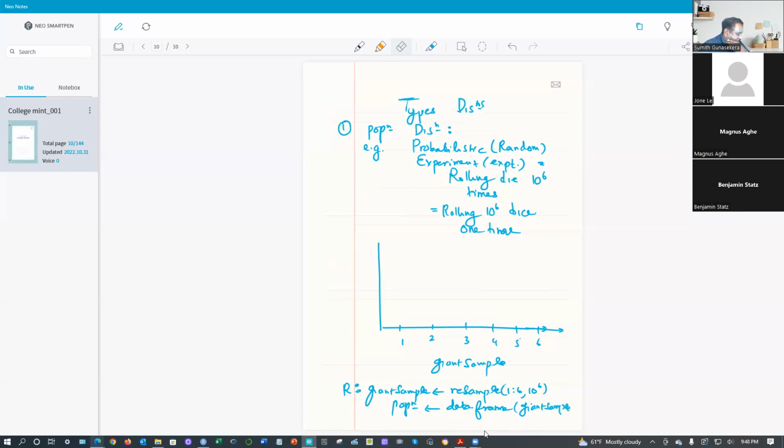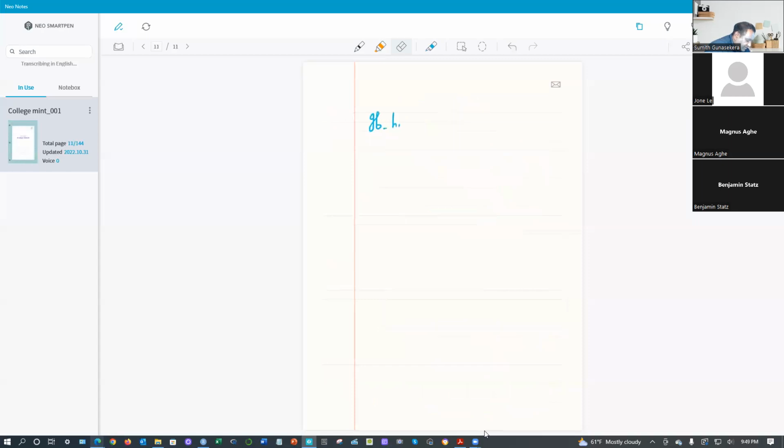Then you can draw the histogram. How do you draw the histogram? gf_histogram. You go to your variable. The variable is nothing but giant sample.